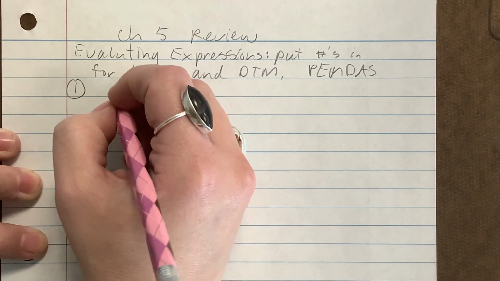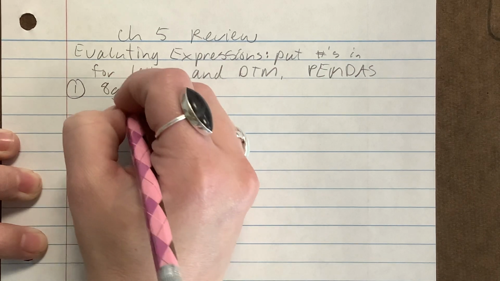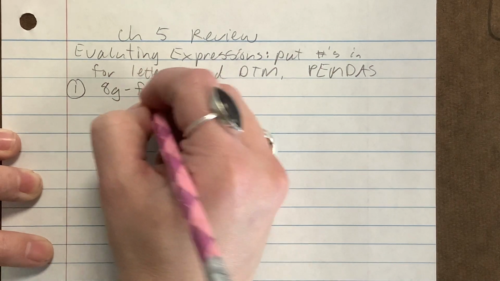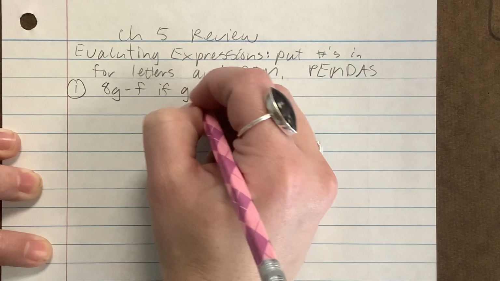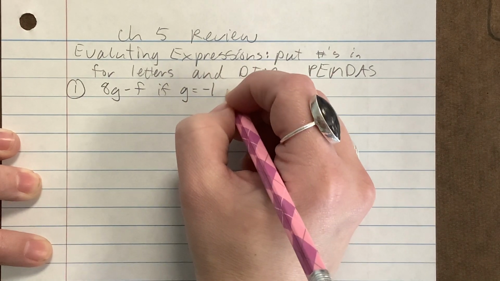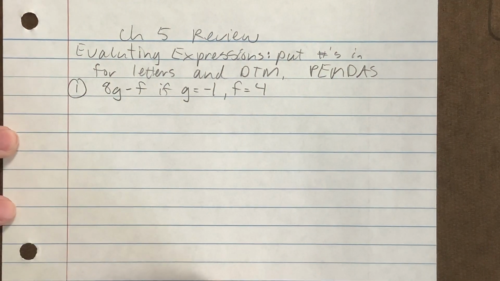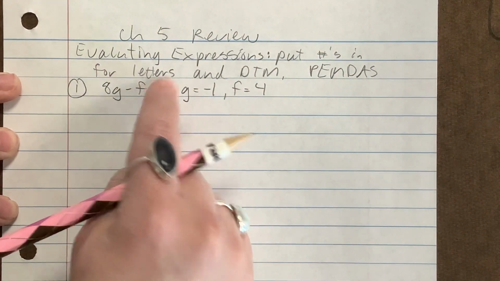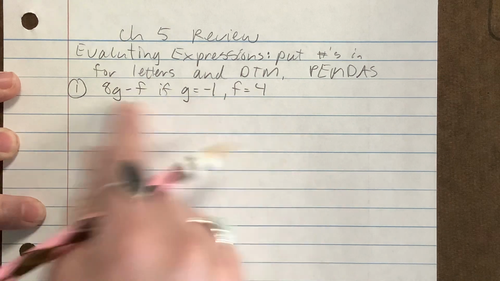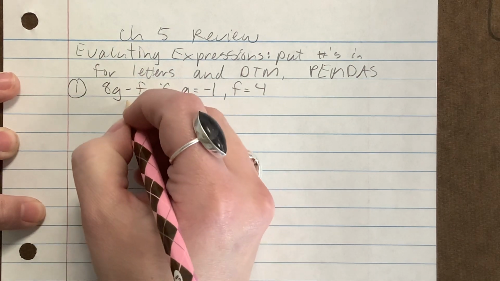First example, 8g minus f if g equals -1 and f equals 4. So step 1, put the numbers in for the letters. I would probably put them in parentheses as well.